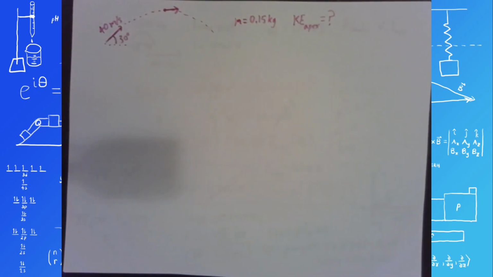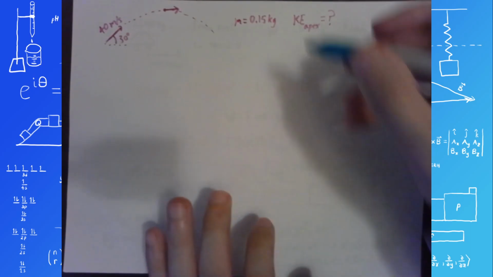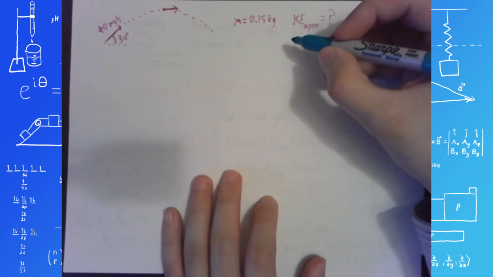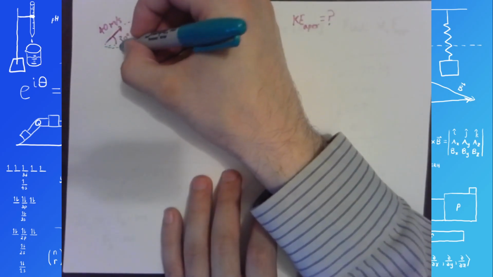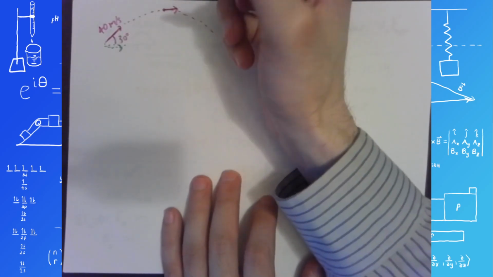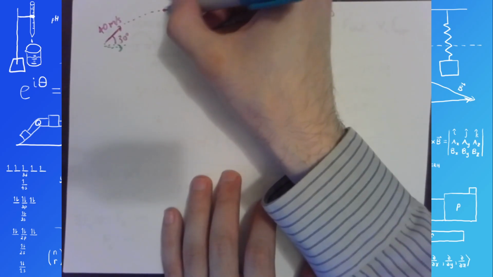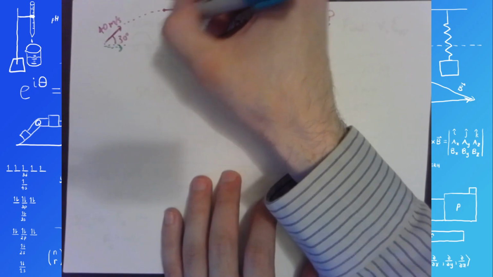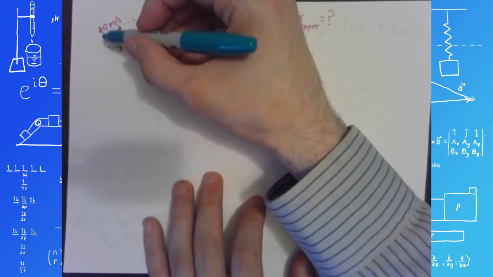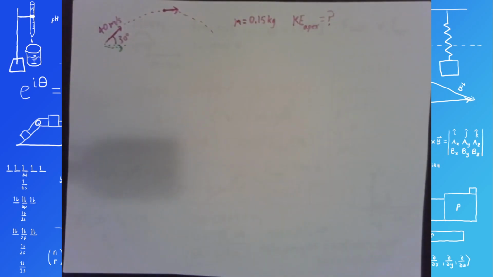Well, for that, we just need to know the speed at the apex. So let's see, if I just do the cosine component of this, that should be equal to the horizontal velocity up here. The horizontal velocity is constant after all, so if I just get the horizontal velocity at the beginning, I should be good to go.